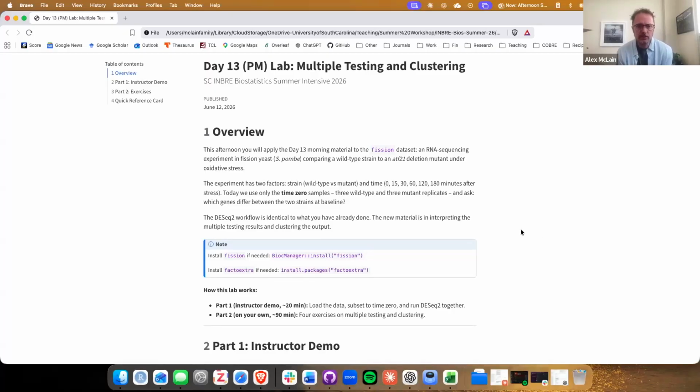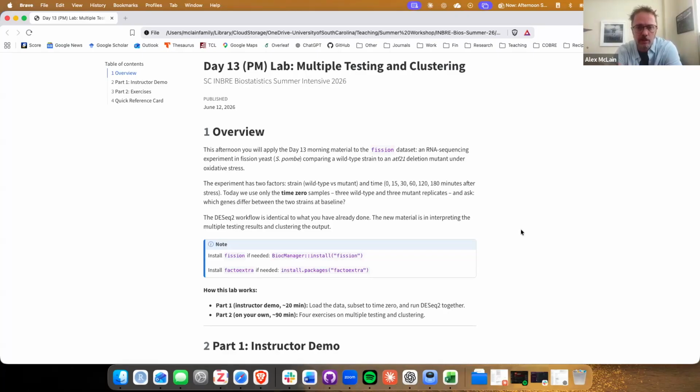All right, I'm going to share my screen so we can talk a little bit about the lab for today. Here we go. Okay, we have a different data set that we are going to be considering. This is the fission data set that we're going to use. Haven't used this one before.